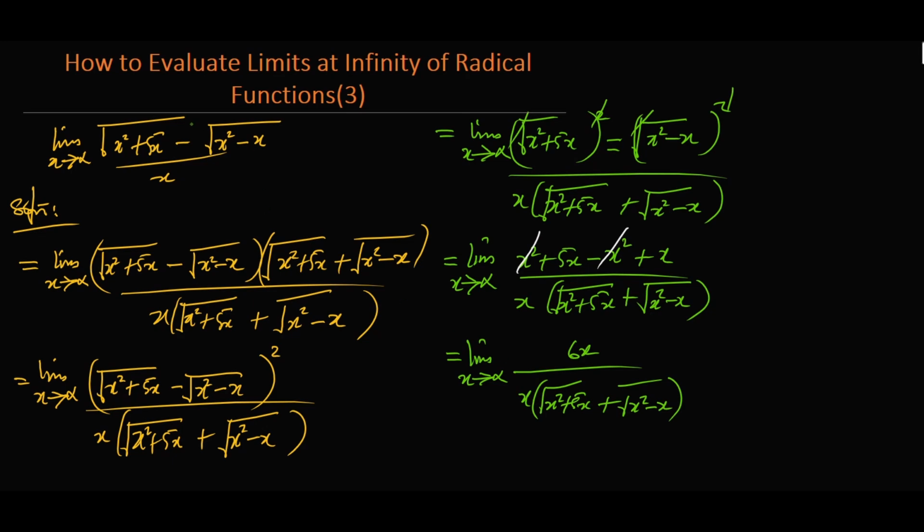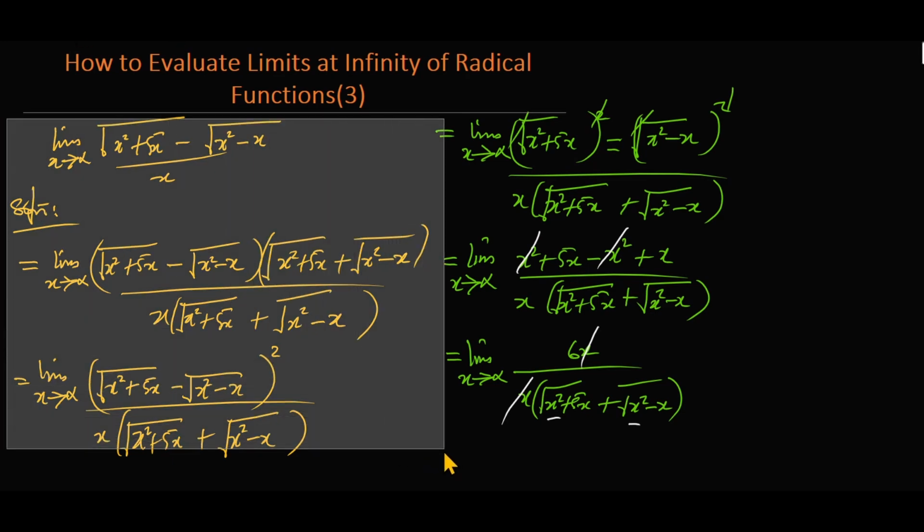From this expression, we can also see that x can cancel out x here, so we have 6 left. And the next step is that we factor out the highest root in the expression here. Now, if we do that, this is what we are going to have.